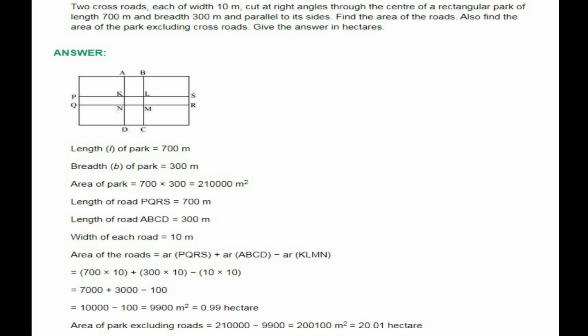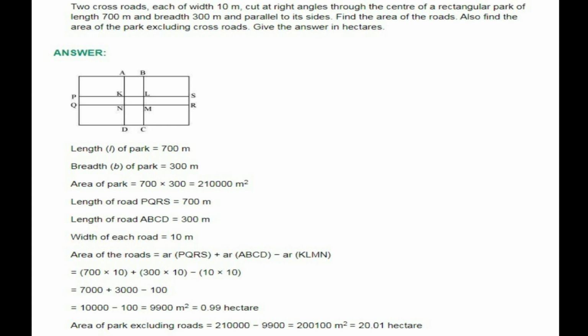So we multiply the length into the width and we get PQRS. And how do we get the value of ABCD? ABCD is the road which is parallel to the breadth, so we multiply 300, the breadth, into 10, again 10 because 10 is the width.